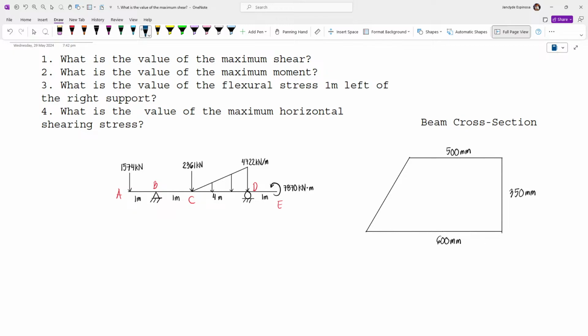So first, let's get the resultants. There is one distributed load. We are only interested in the resultant of this triangular load. Again, the resultant is the area of the distributed load, which is triangular, so 1/2 times base times height, which is 4722.